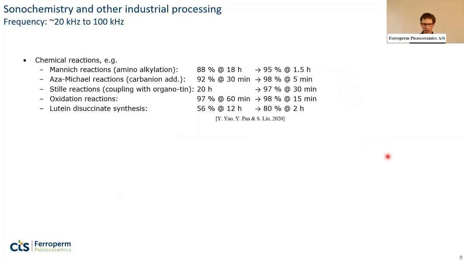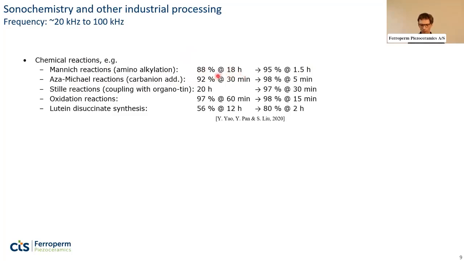The next example I've chosen is sonochemistry and chemical extraction and other industrial processing. So beginning with chemical reactions, these are 5 examples of chemical reactions that can be performed basically without any ultrasound. But the point is that if you use ultrasound in a smart way, you can really make them much more efficient. So if you're a chemist, maybe you'll recognize some of these reactions, but this is not that important.